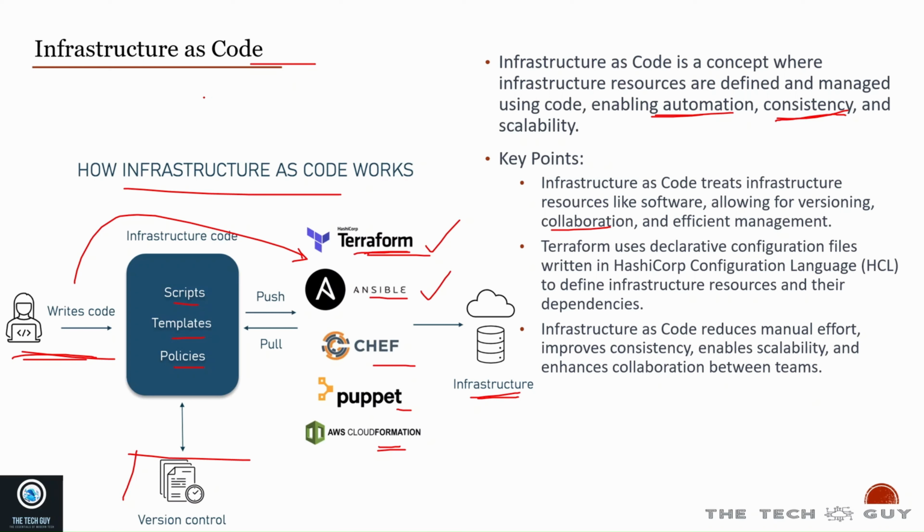You are deploying something and your team member is also deploying in the same infrastructure. First of all, you don't want to have a conflict. If you deploy something, your team member should not delete it, or if you're deploying something, your team member should not try to deploy the same thing. So that is where state file and consistency and collaboration come in, it really enhances the overall collaboration.